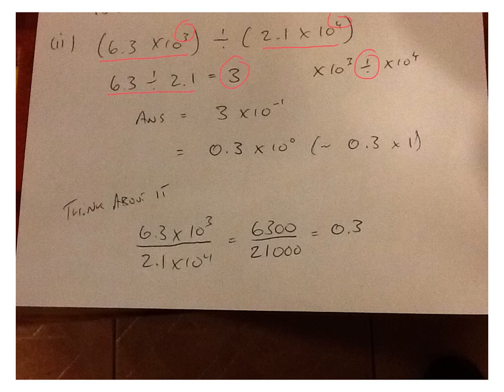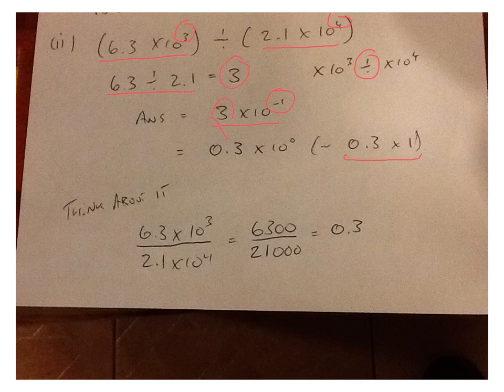So we take one from the other, and that gives us minus 1. Okay? 3 minus 4 is minus 1. So our answer is 3 by 10 to the minus 1, which is the same as 0.3 by 10 to the 0. Okay? Which is 0.3 by 1, which is actually 0.3.